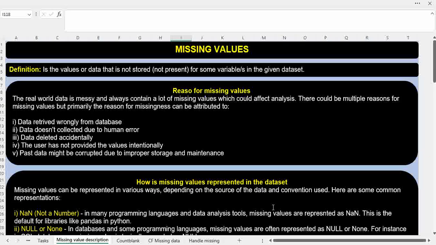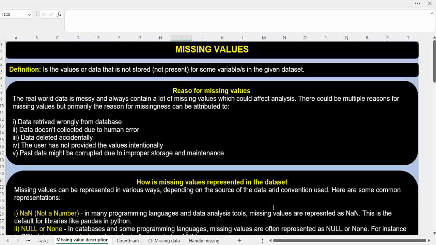So, missing in the order date, or missing in the gender, or missing the cost of the items being bought, those are possible missing values in a retail dataset.